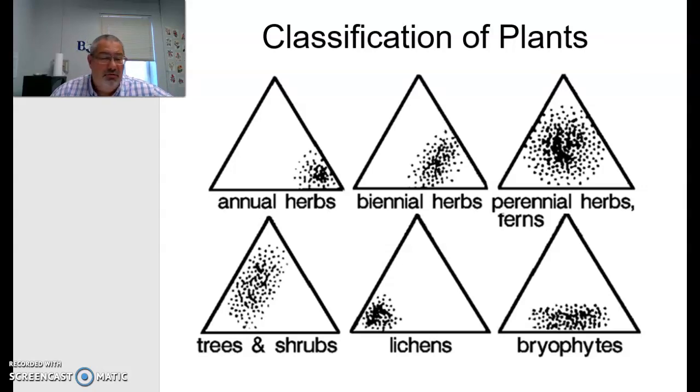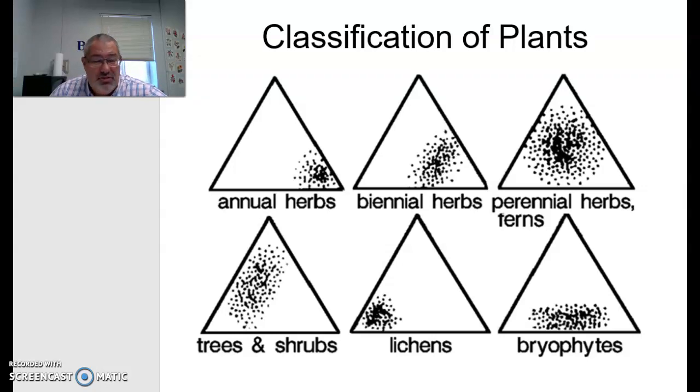Trees and shrubs that produce wood tend to be clustered in the competitive to the stress tolerating side, with a lot of trees and shrubs in the intermediate categories between those C and S portions of the triangle. Lichens are again a mutualistic organism of a fungus and an alga.